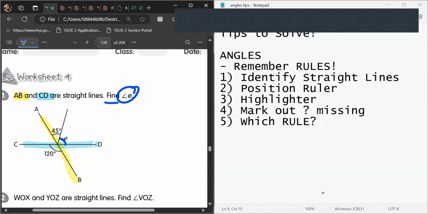First of all, now that you see the X, you can immediately point out that the property you're going to use is vertically opposite angles are equal. So look for the X. For this one, I think it's fairly simple still.